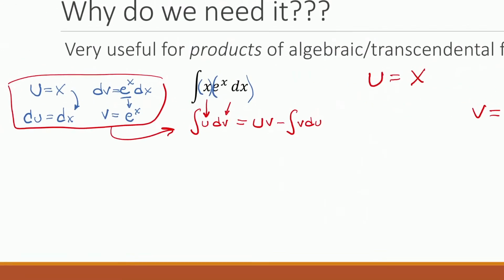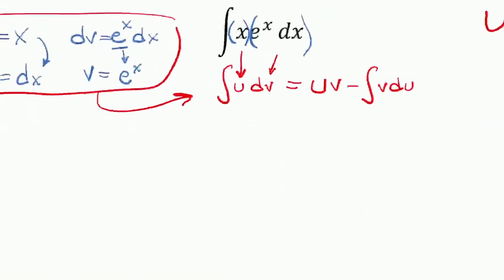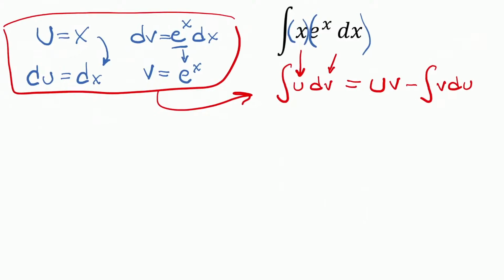One other thing that I always do, and once again, you're going to think, why do you do this? It takes too much time. It's not worth it, but it's worth it to me, is I'm going to rewrite the left-hand side of this. So check it out. I have the integral of whatever u is. Well, u is x. So the integral of u, and then dv, times e to the x dx.